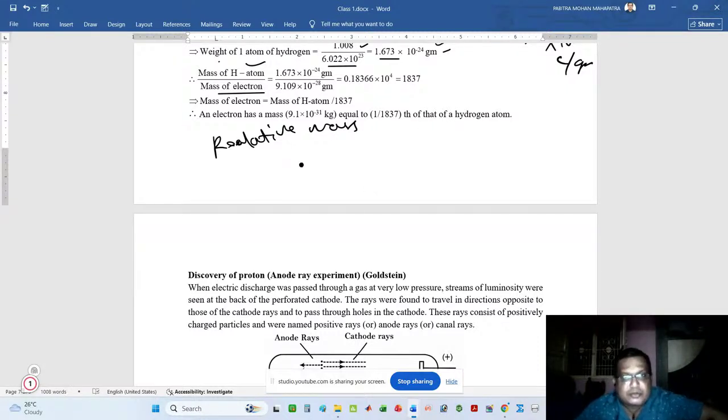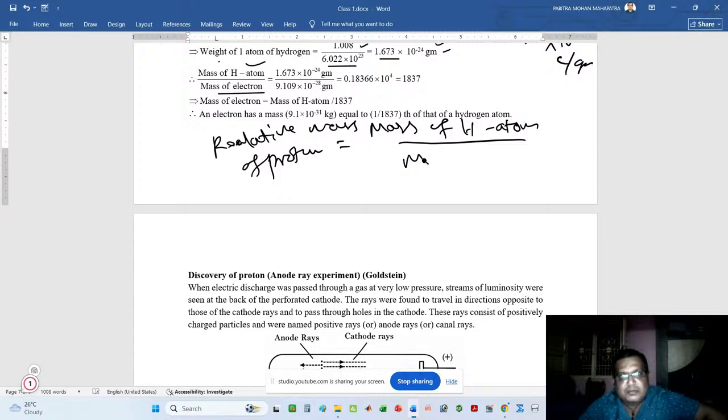The relative mass of the proton you can write like this: mass of the hydrogen atom divided by the mass of the proton. Similarly, you think about the neutron also.